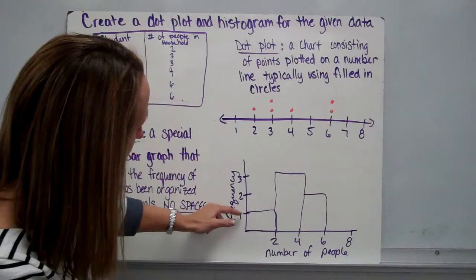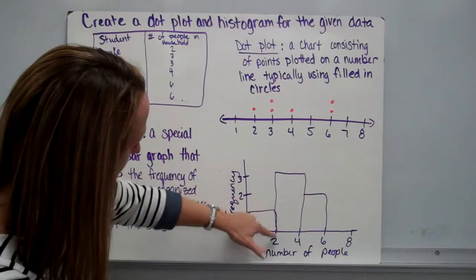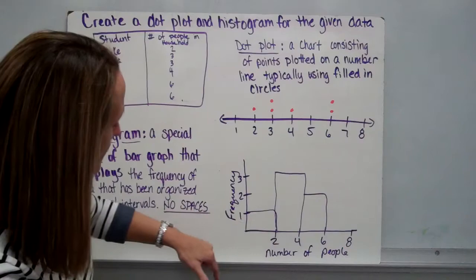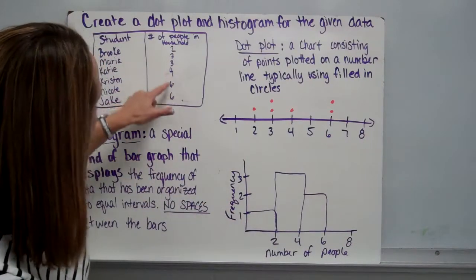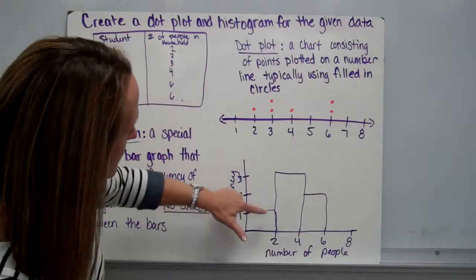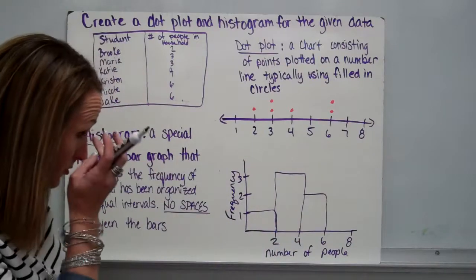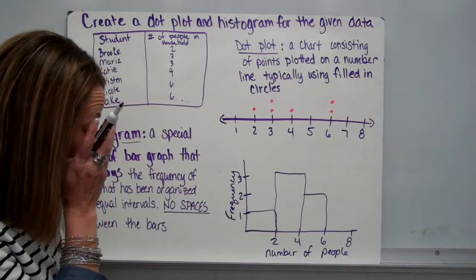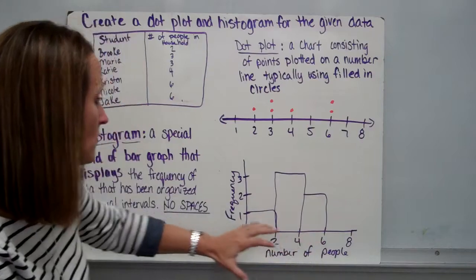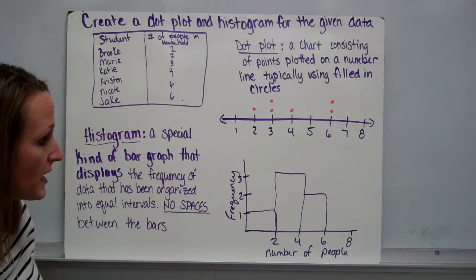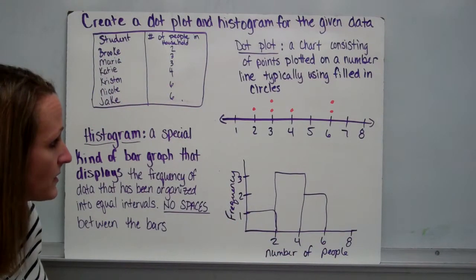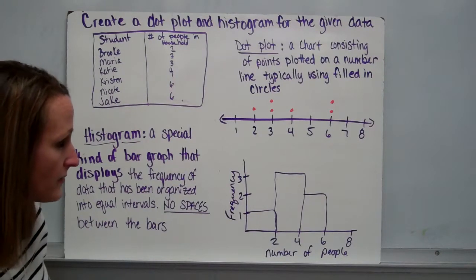So here, one person had 2 people, and then we had our 3, our number of people, and then our 6. So you notice that it's displayed a little bit differently than our bar graph.